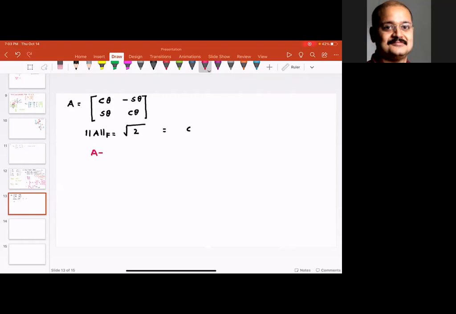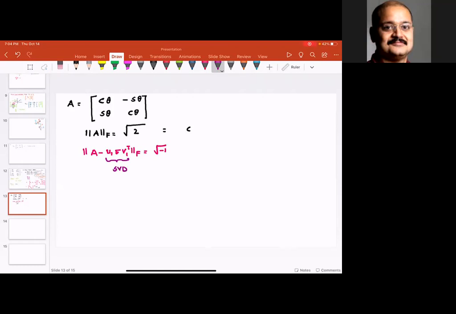So the norm of A minus U1 sigma V transpose, in Frobenius norm, is equal to square root of minus 1. So now what you want to do is exactly the same thing. This guy comes from the SVD.